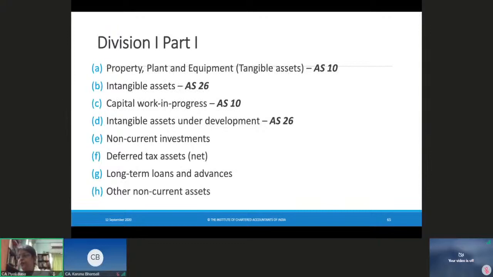Please note that assets under lease should be separately mentioned. And the reconciliation is the opening balance, additions during the year, what has been sold during the year, and the closing, the depreciation and the carrying cost. This is the way the format is. Such things should be there.